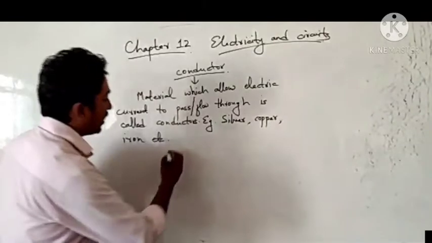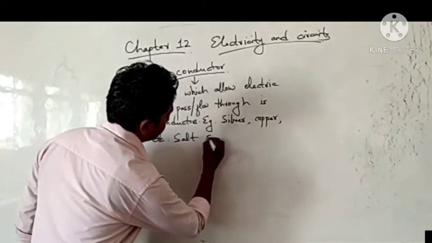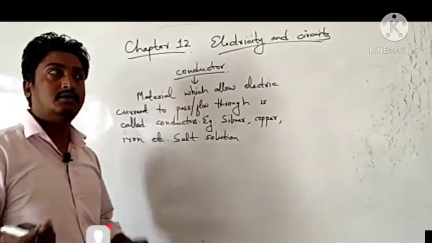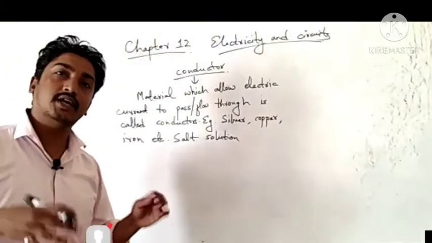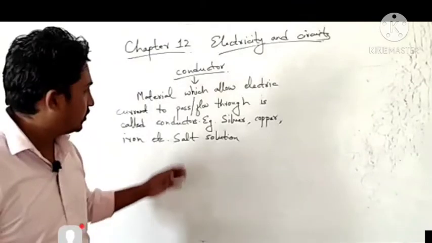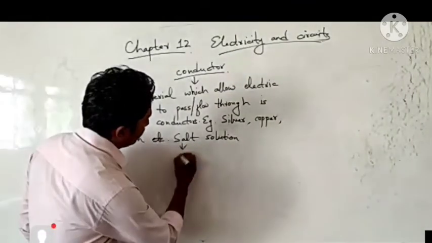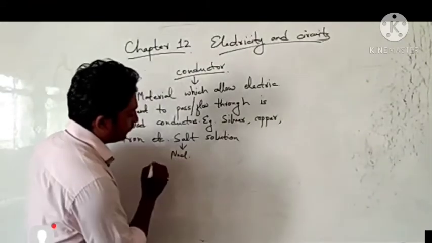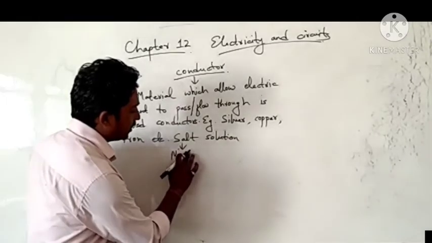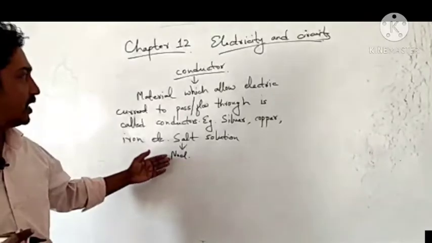In case of liquid, we have salt solution, that means the mixture of salt and water, namak pani. That is also a good conductor because we have the formula of salt, NaCl, and it has both negative and positive charge, so it is a good conductor of electricity.